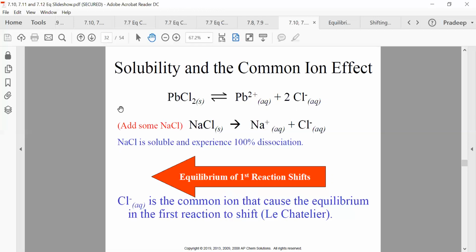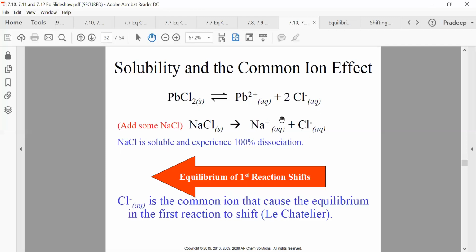Now, if to this reaction I add NaCl or KCl or some other compound which has a common ion, whenever I say a common ion, when this dissolves, it should be able to produce Na plus and Cl minus. So now we have these two Cl minus common ions, okay?